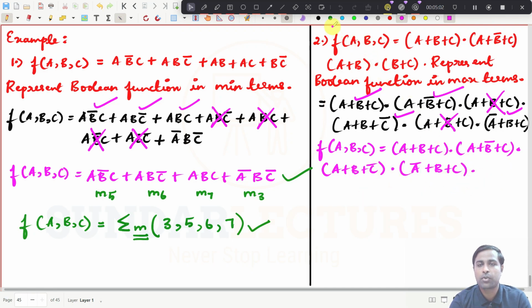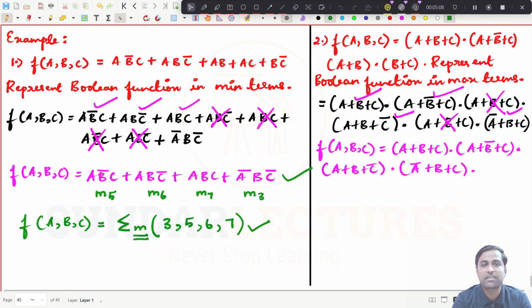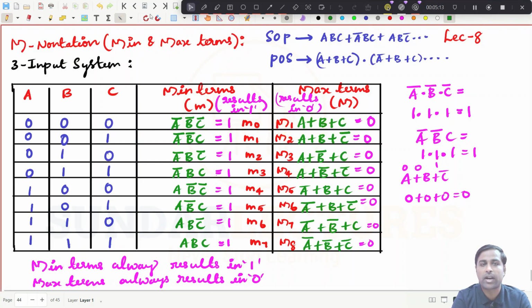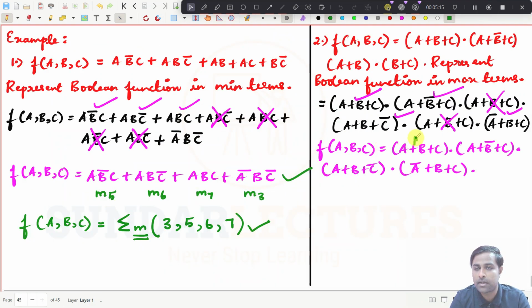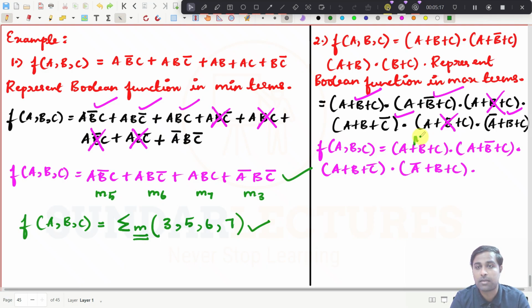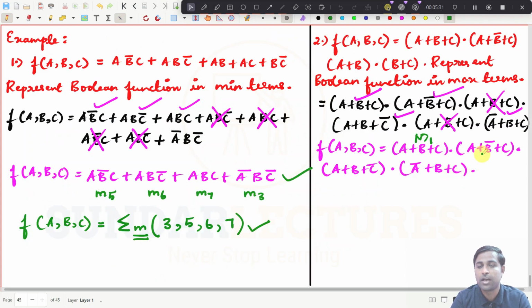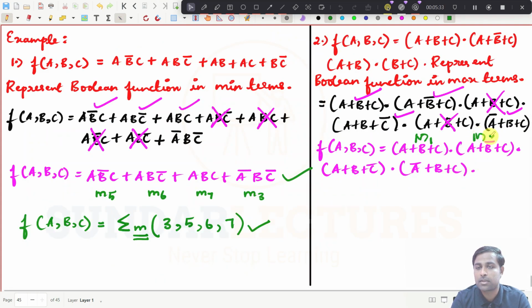So now what you do, you have to get what is the max terms for these ones, right? So you go here, a plus b plus c, what is the max term? A plus b plus c, it is here, max term is M1, right? So this term is M1, capital letter M1, which means that is max term. And a plus b bar plus c, this is here, and what is the max term? It is M3, right? So this is M3.